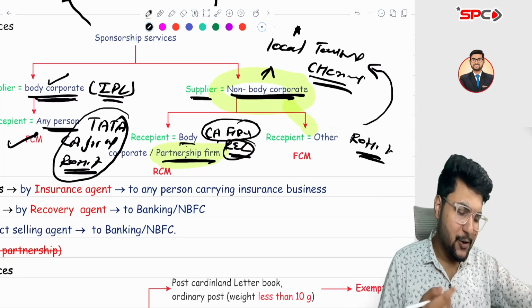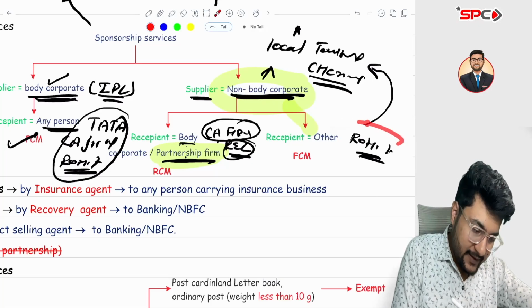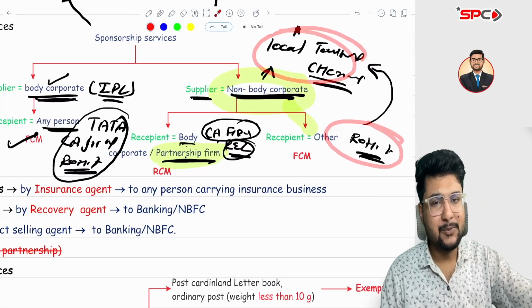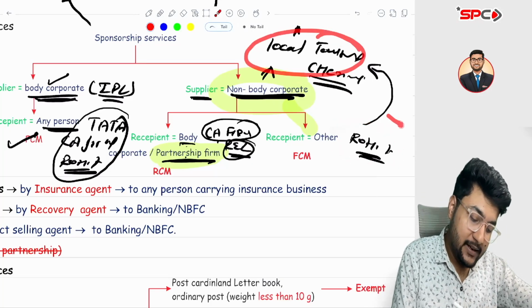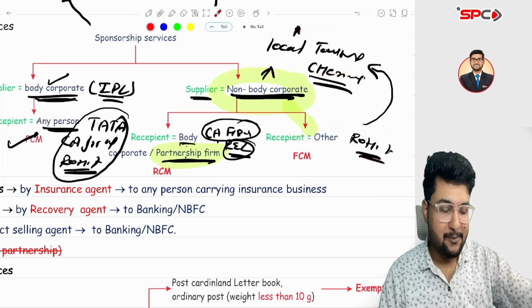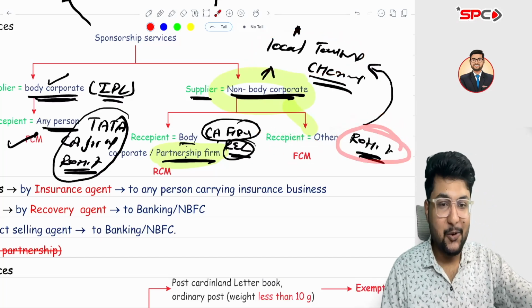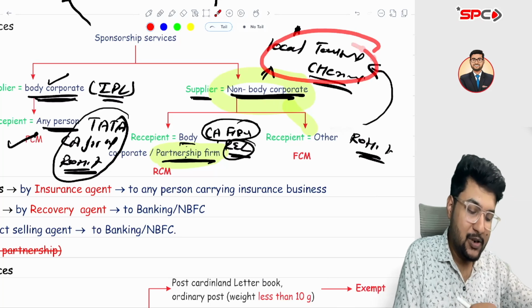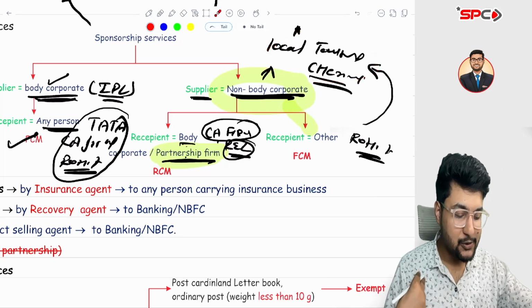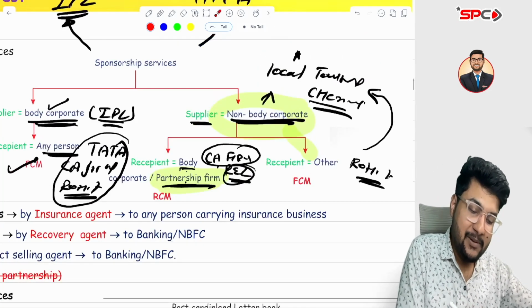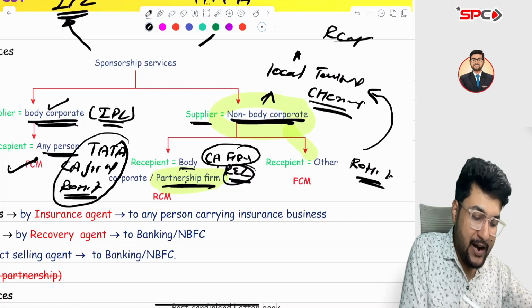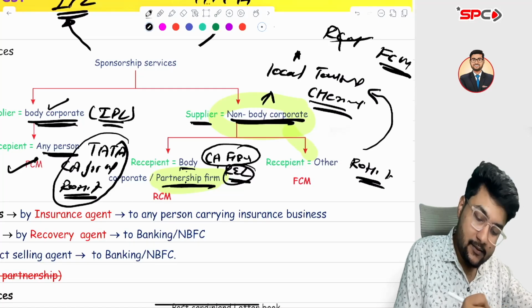In that case, Rohit sir is small and the local tournament is also small, so it is covered under forward charge mechanism. We will not apply RCM here. If no RCM, then forward charge. Was it clear?